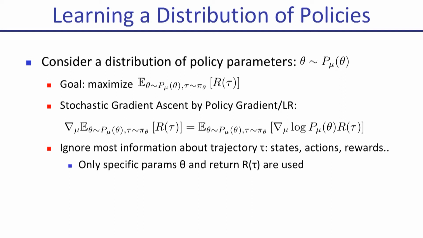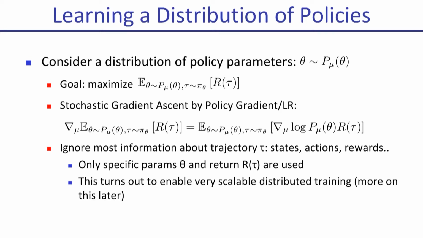If you look at the whole gradient estimator, the only thing that you need is to store the data and the return that a specific data gets. Those are the only two things that you store, as opposed to the whole trajectories. This turns out to enable very scalable distributed training methods.